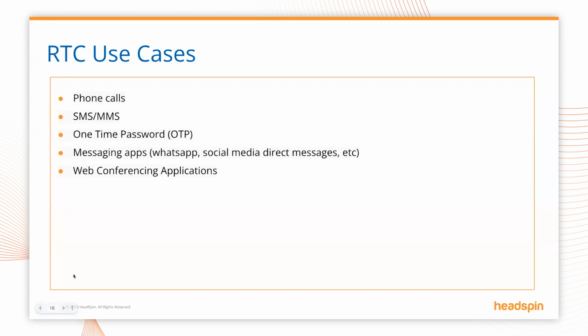So the real-time communication use cases I want to walk through are phone calls, SMS and MMS messaging, one-time password use cases, as well as messaging apps like WhatsApp, DMs, or anything else that you on the phone need to communicate with another person, so like a third-party application. And the last thing I want to touch on is web conferencing applications. For example, Zoom, like we're all using, or Google Meets, or something that is similar to that.